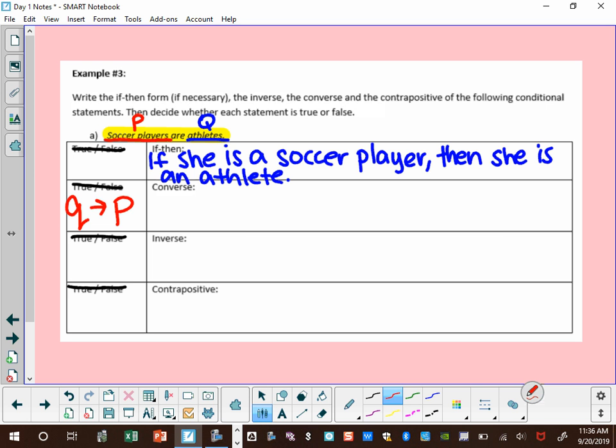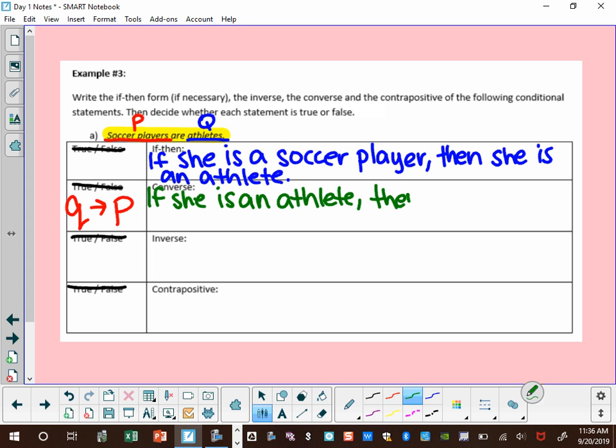Look at your symbols. I thought you said inverse. No, I said converse. That means I'm going to flip my statements. So I'm going to have, if she is an athlete, then she is a soccer player.